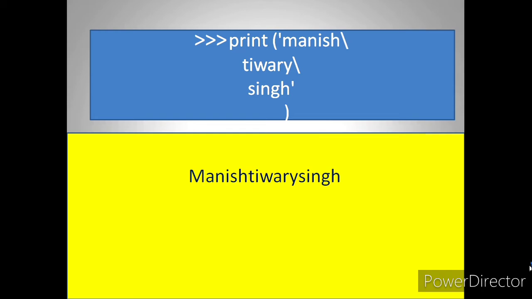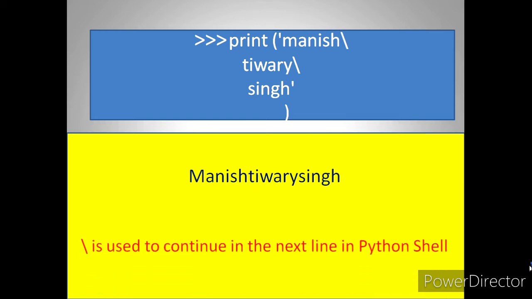Many times the question is asked, what statement should be written to get it executed for 2 or 3 lines of statement? There we will use the slash sign. So we have come to know that slash is used to continue in the next line in the Python shell.